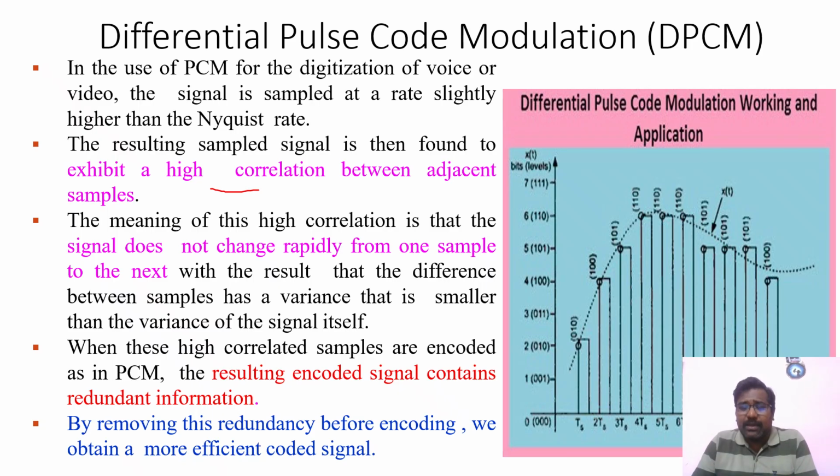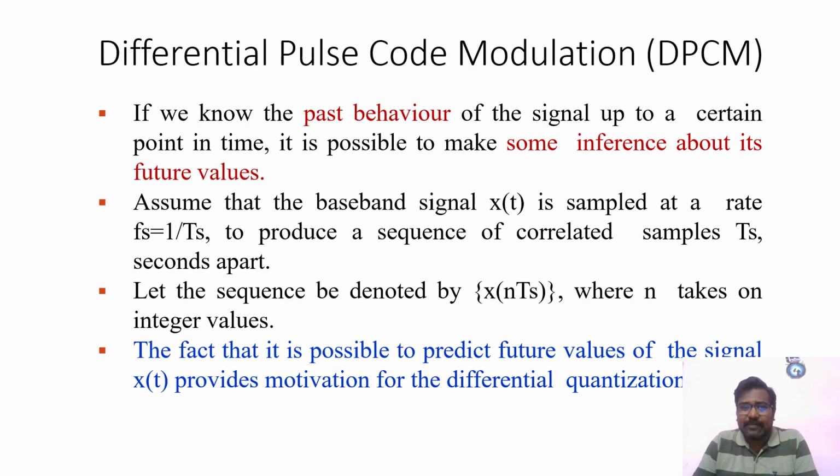The analog signal is converted to a digital signal at the rate of Fs greater than or equal to 2Fm. In DPCM, redundant information, that is, highly correlated adjacent samples, are reduced using the differential pulse code modulation technique.